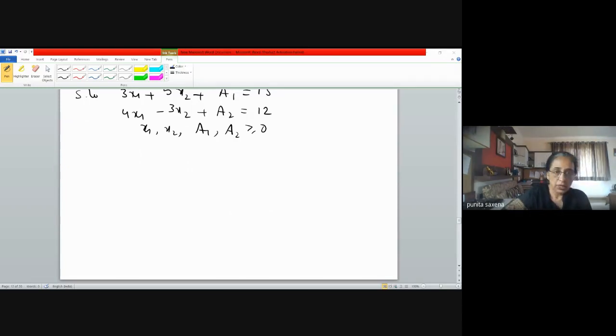So initially your basic variables are going to be A1 and A2. The first row, of course, the coefficients CBs will be -1 each. Make the entries, and then see what happens.